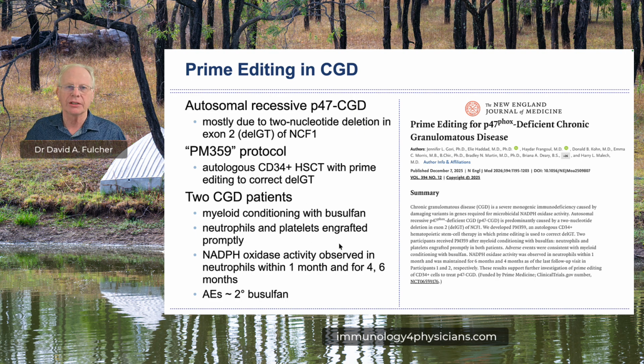They find, successfully, I guess it wouldn't be published if it hadn't been successful, that the neutrophils and platelets graft just fine, and importantly they could detect NADPH oxidase activity at least within the first 6 months or so.